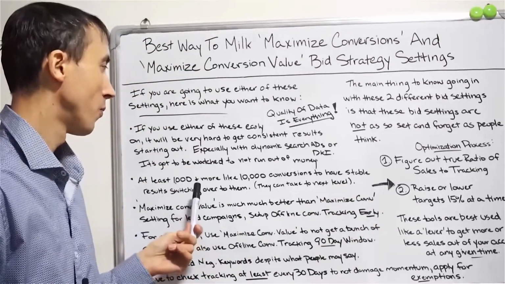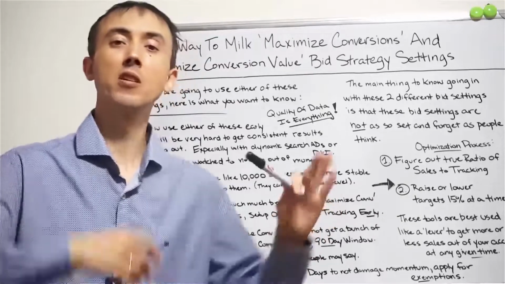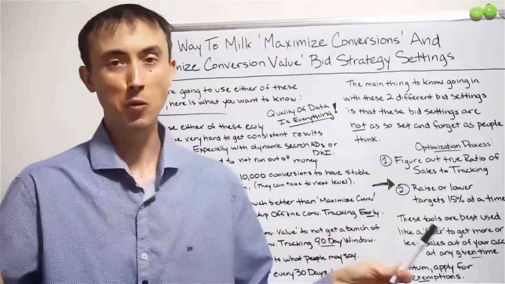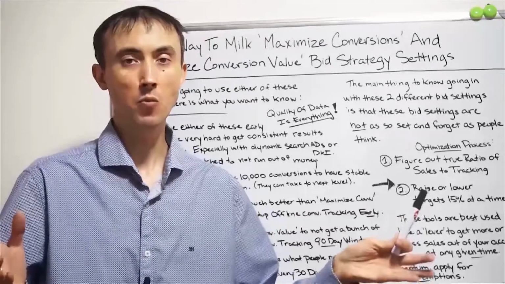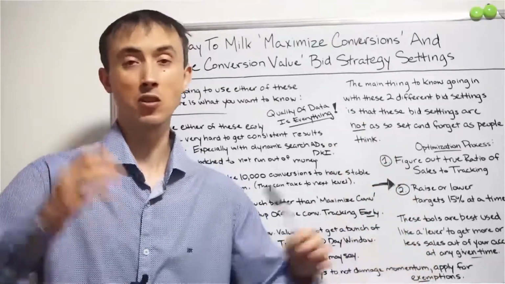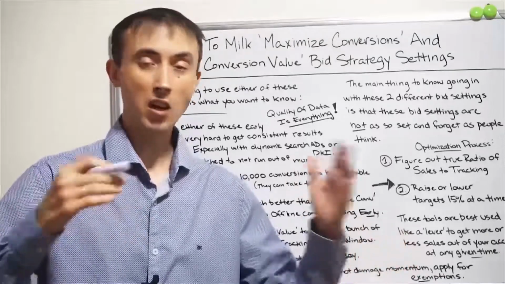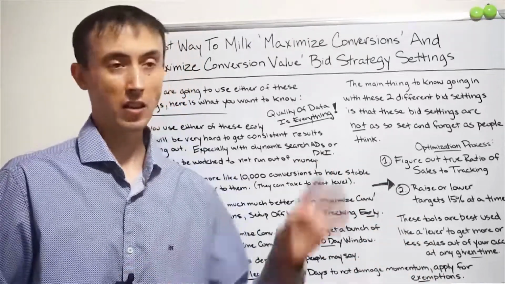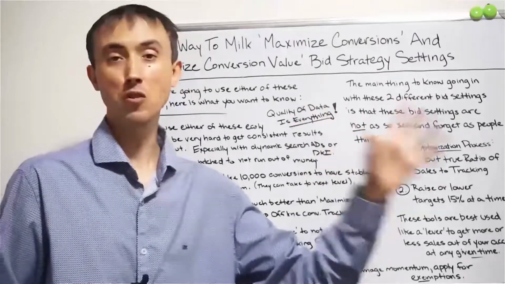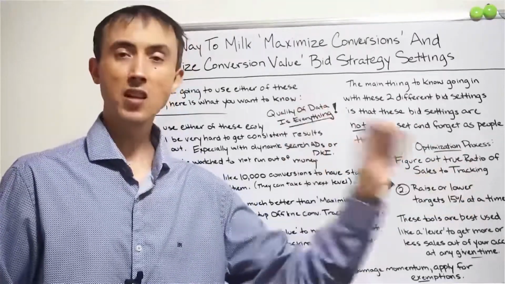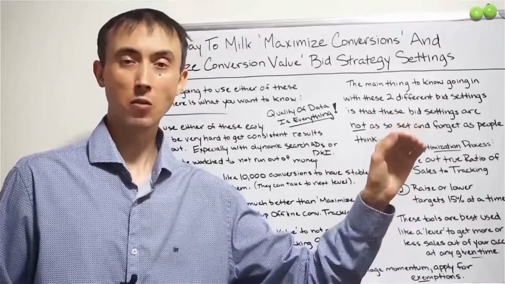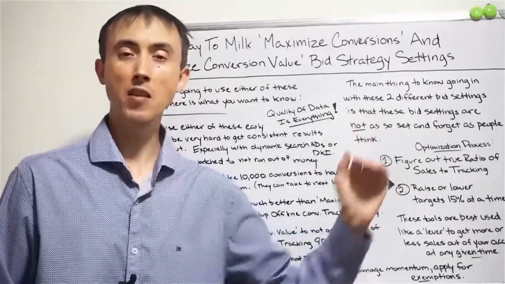Okay, so that's the real opportunity using these two bidding strategies: waiting till you can't optimize the campaign any more than you can using your own mind and all the switches and levers. And there's a ton of different switches and levers that people don't use, which they should, like adjusting the bids. You can adjust your bids on income demographic, the person's income level, their parental status, their age, or the time of day that they searched.